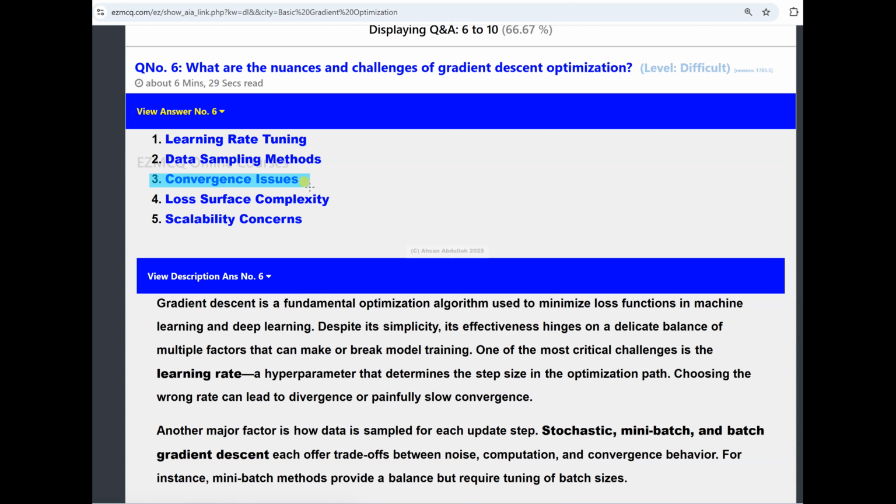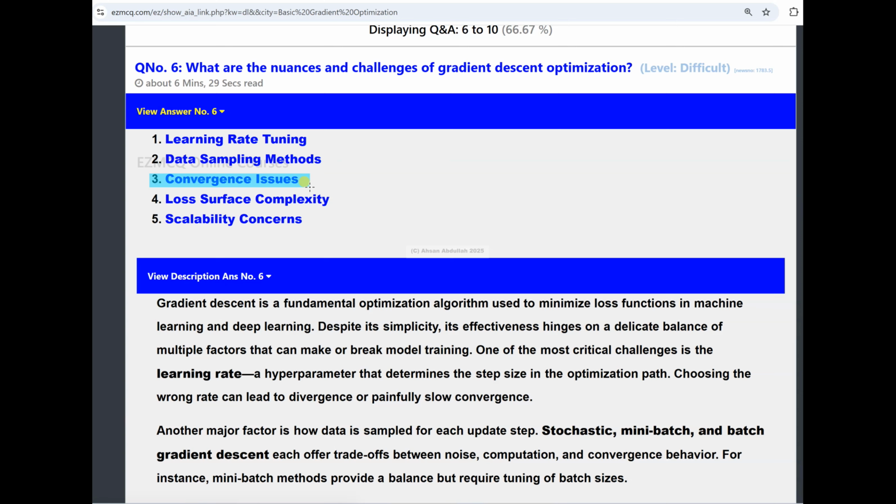Convergence issues, as we have discussed before, but now in some more detail: when gradient descent reaches a saddle point, or gets trapped in a local minima, then it can stall.